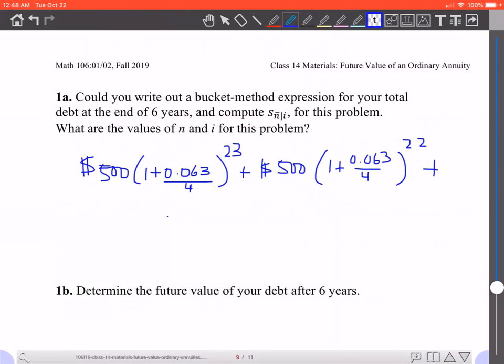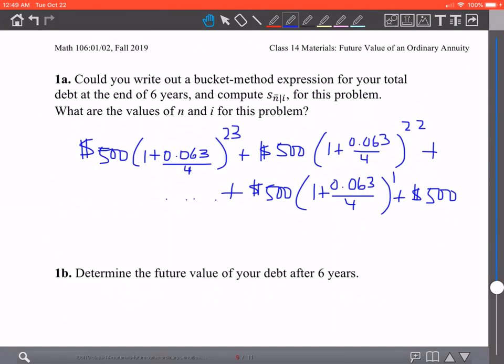Remember that these are not deposits, you're borrowing 500 every quarter. So the payments are 500 here. The last few would just be 500 growing at 6.3% compounded quarterly for 1 quarter, and 500 growing at 6.3% compounded quarterly for no quarters.